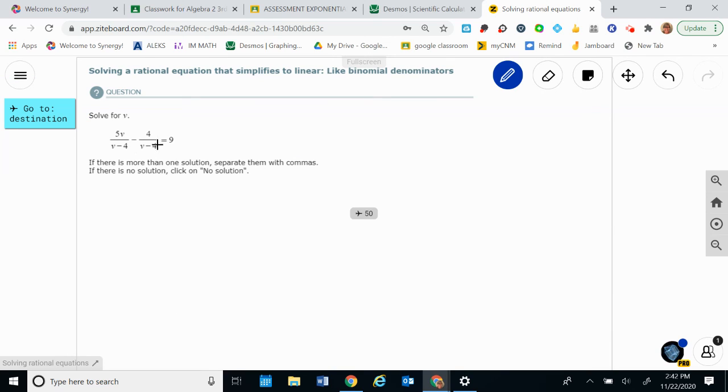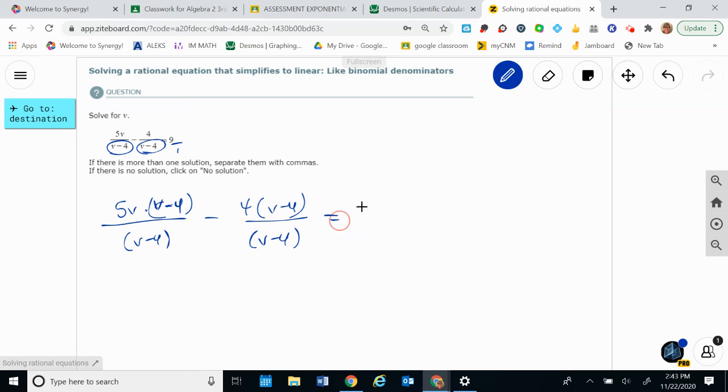Let's try this one. Least common denominator is v minus 4. Here's the v minus 4, here's a v minus 4, and 9 is over 1. So v minus 4 is going to be it. We are going to multiply everything by v minus 4. So 5v times v minus 4 over v minus 4, minus 4 times v minus 4 over v minus 4 equals 9 times v minus 4.